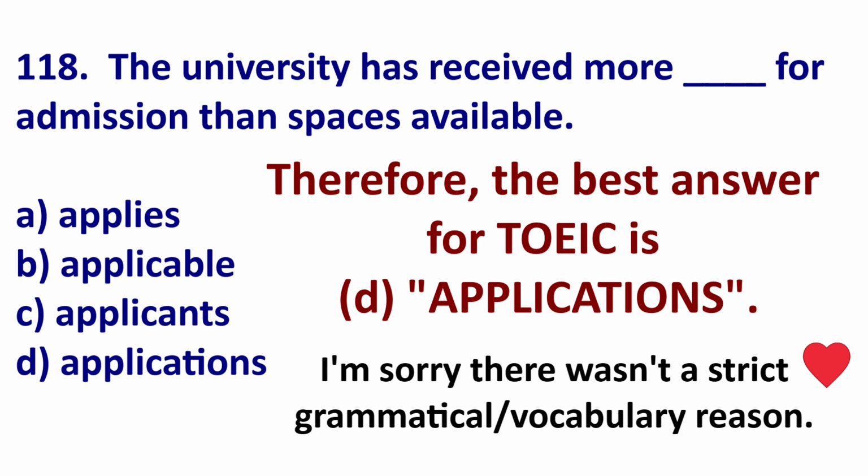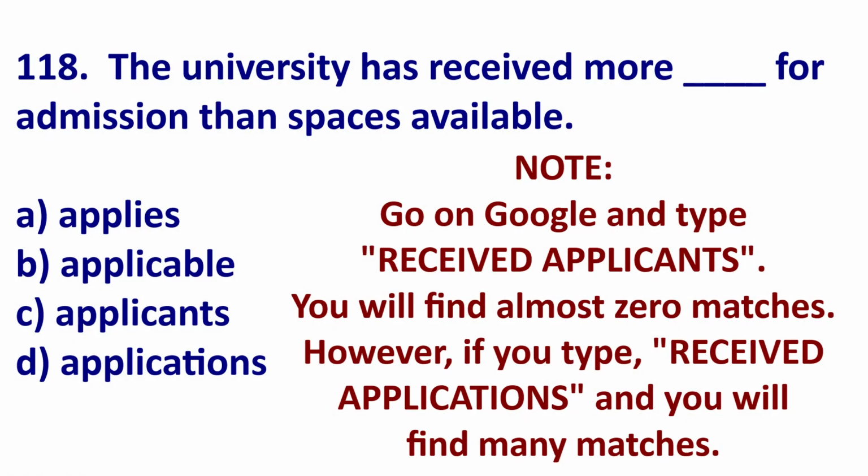I'm sorry, much of this answer is it just sounds right. Another note, if you look on Google and type in received applicants, you will not find these words together. However, if you write received applications, you will find these words together quite often. So it's more of a collocation as well.